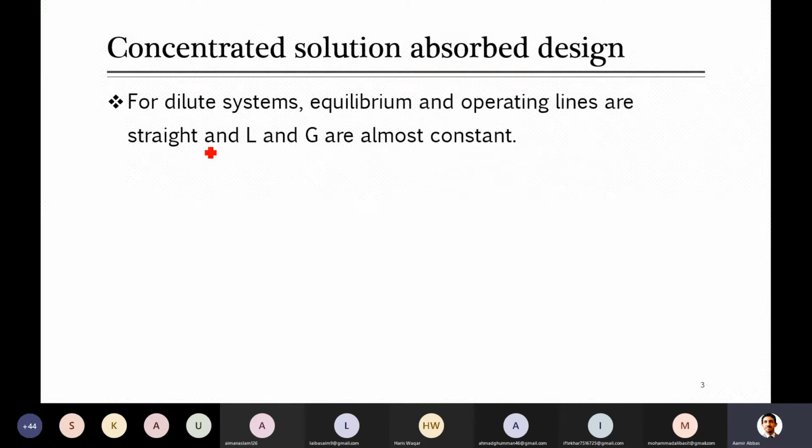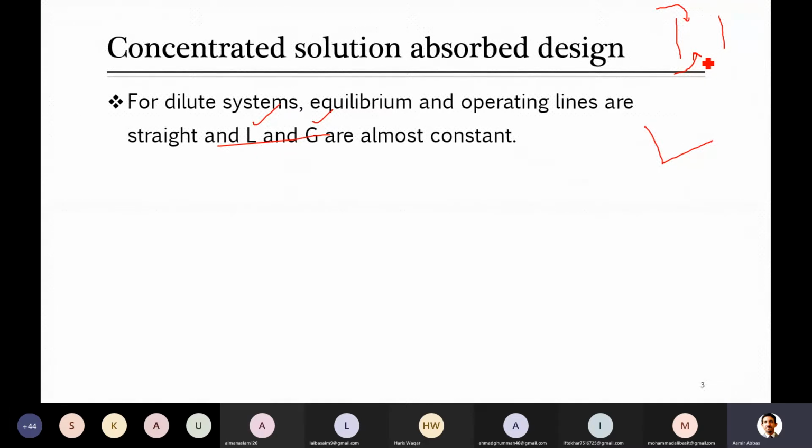As I already explained, in a dilute system we considered that the liquid flow rate and the gas flow rate remain constant throughout the column, whenever you are absorbing anything from the gas into the liquid. When it is dilute, the amount which you want to absorb is very small, say in ppm, parts per million.